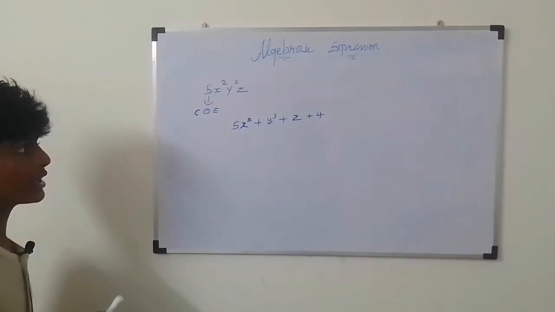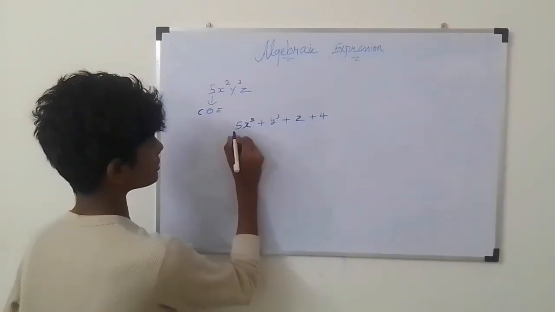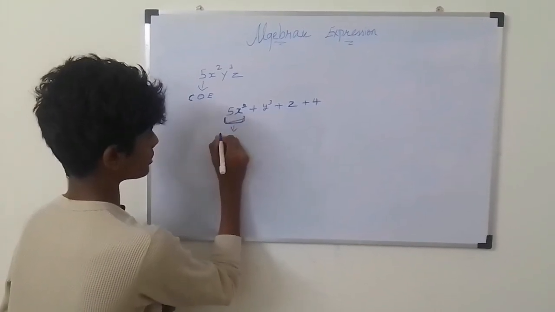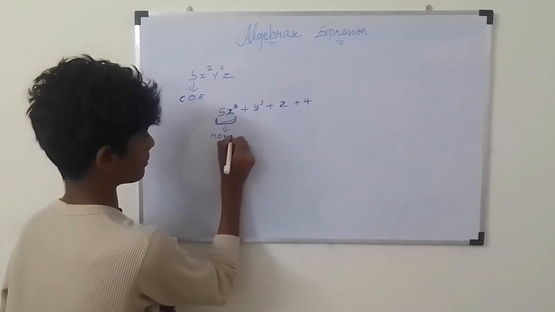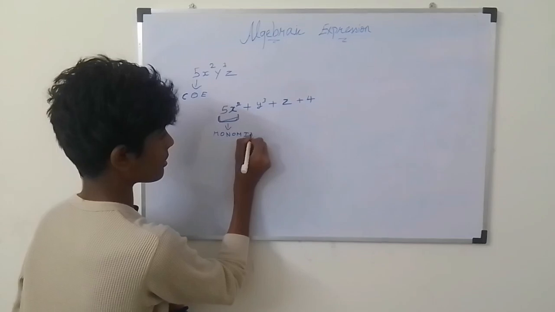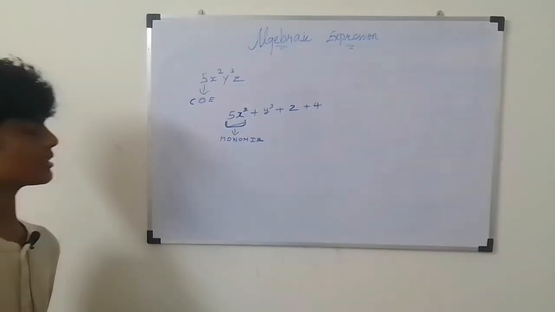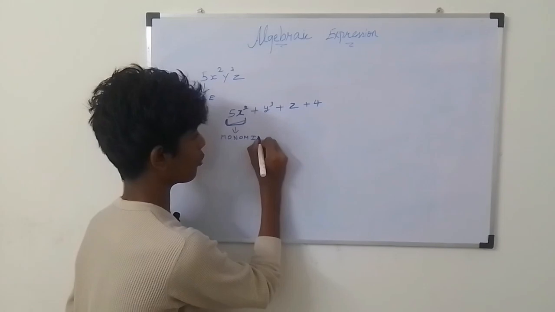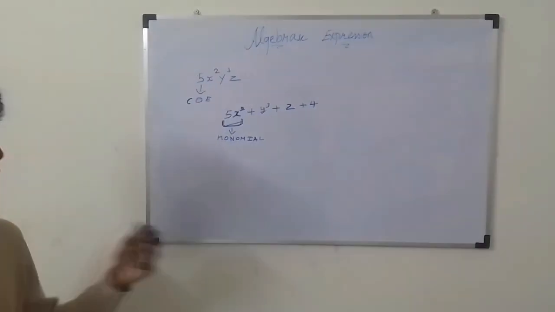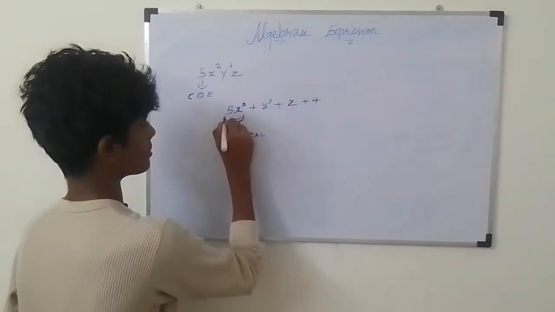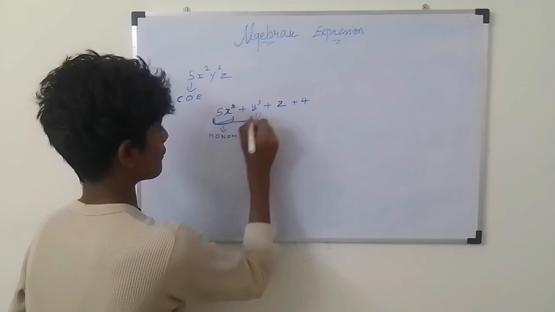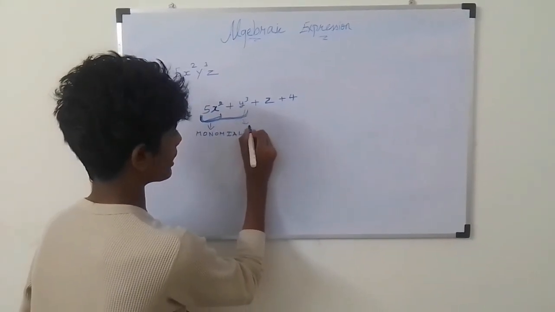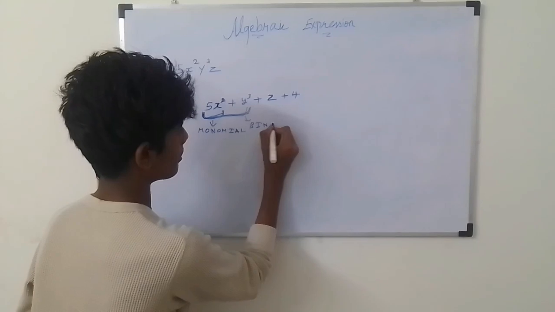So we are going to revise what we learned. First, this single term is called a monomial. Monomial means an expression with one term. And now two terms, 5x² plus y³, is called a binomial.